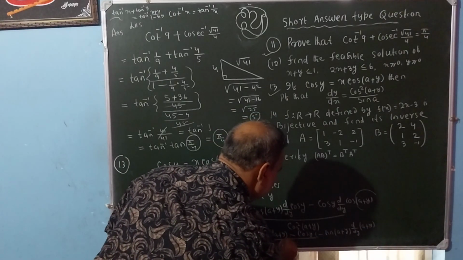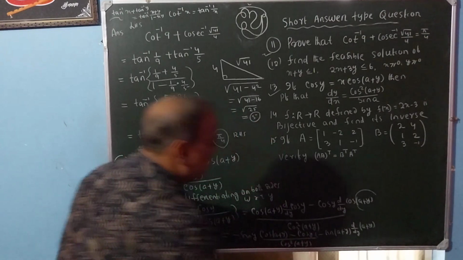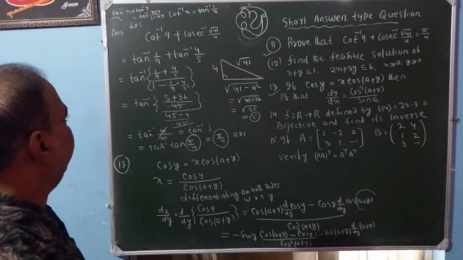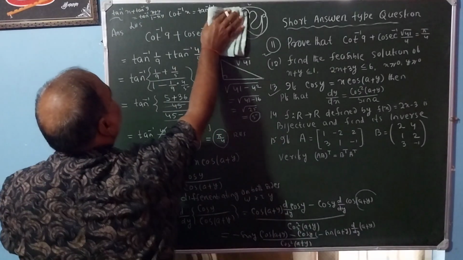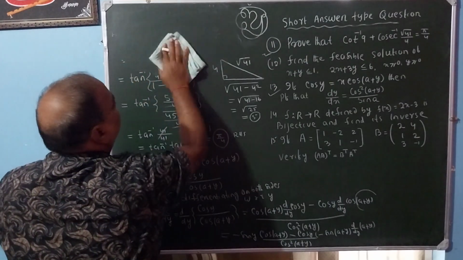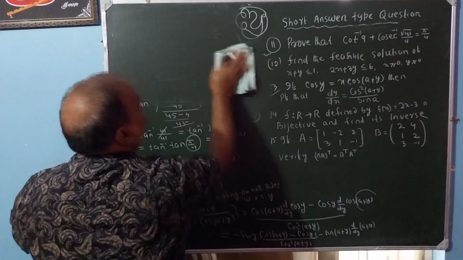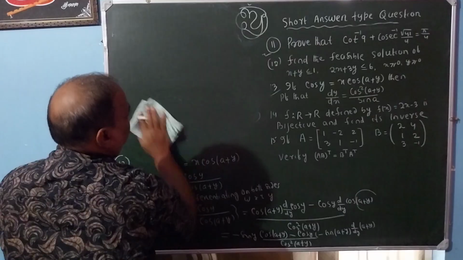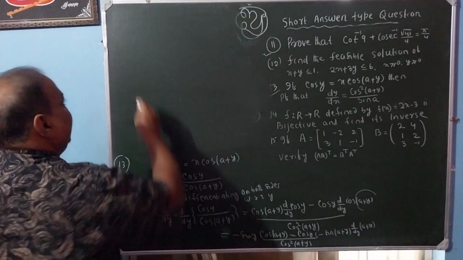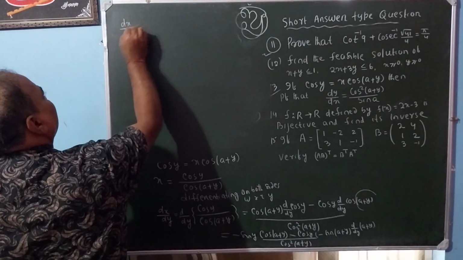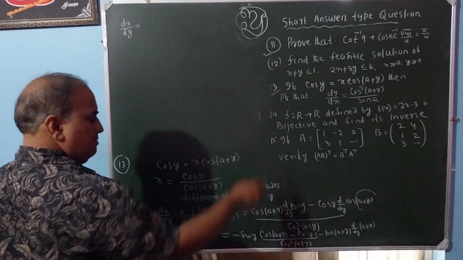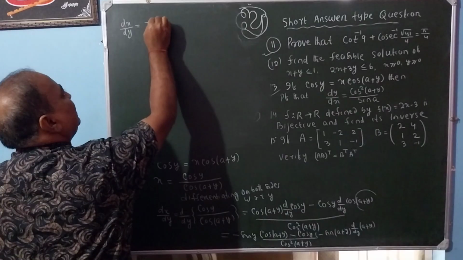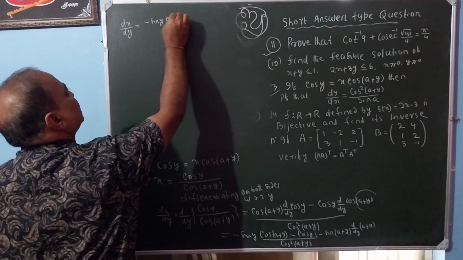Divided by cos square of a plus y. So now dx by dy is equal to minus sin y cos of a plus y.